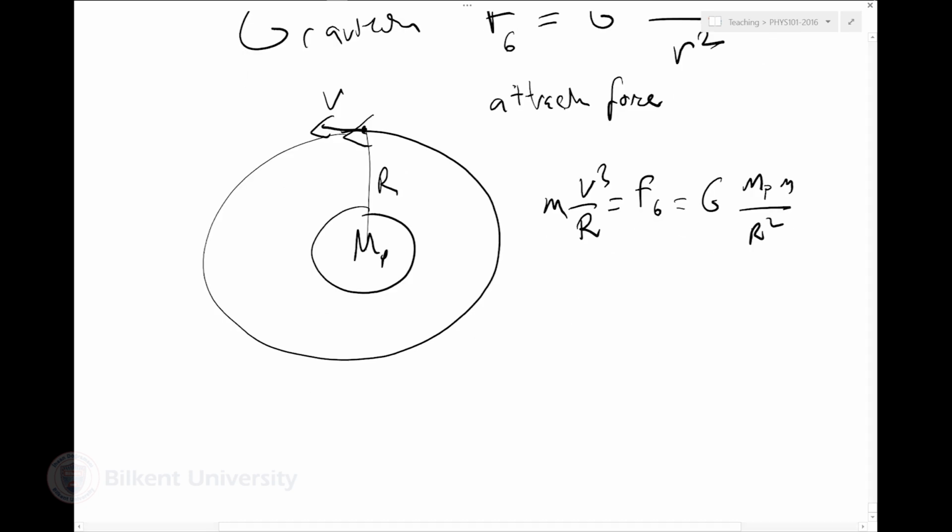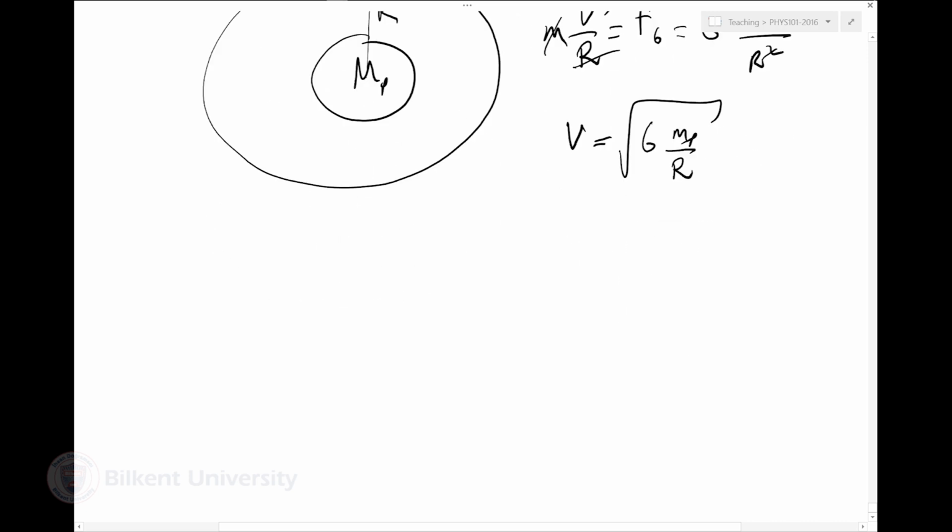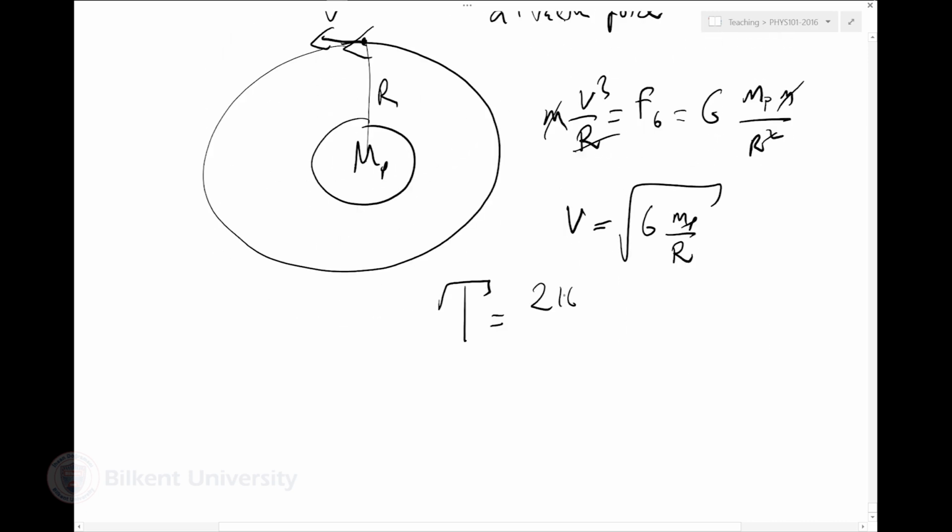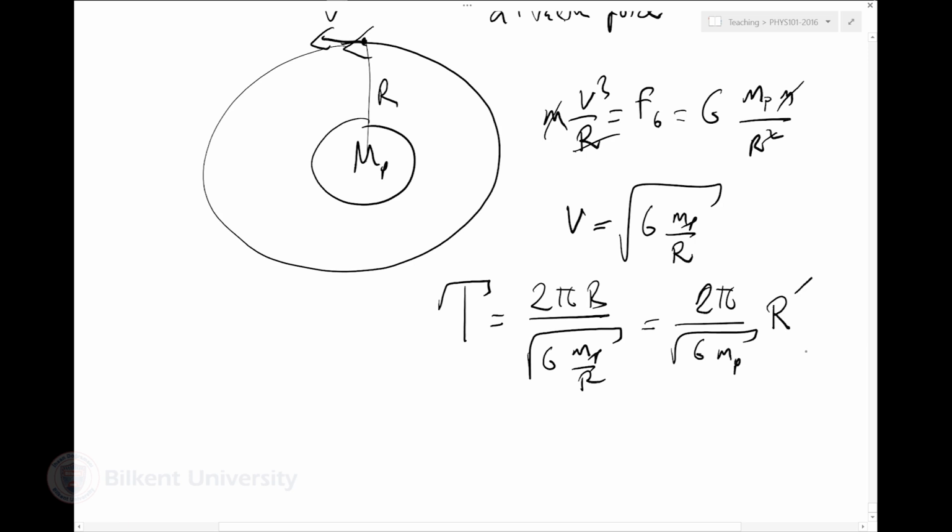In other words, v would be, the m's would cancel, one power of r would cancel, the square root of G m_planet over r. So the period of the motion would be 2 pi r divided by that velocity. So it's going to be 2 pi over the square root of G m_planet, times r to the 3/2.